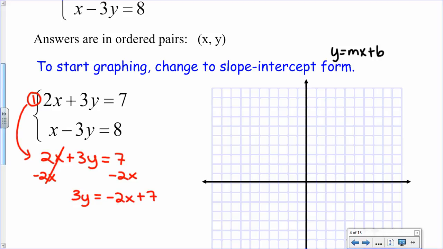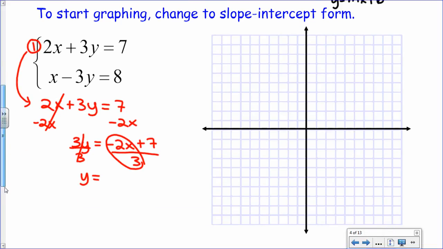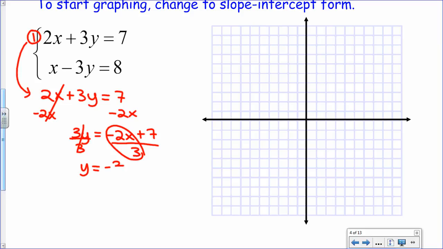And y is almost by itself, but I need to divide everything by 3. And I am going to separate these terms. So when you divide, keep these as reduced fractions. So negative 2/3 x, and then plus 7/3.